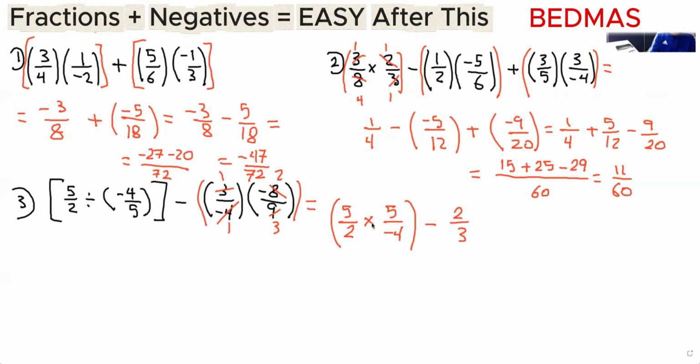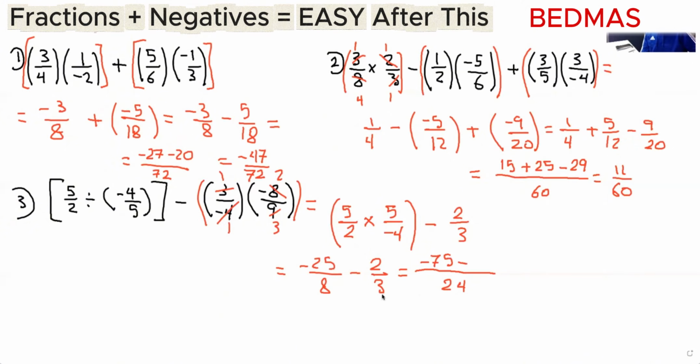And here we cannot really reduce. So what I have is negative 25 over 8. Again, just bring that negative to the top because it's the same thing. Don't write that on the bottom. Minus 2/3. A common denominator here, which is 24. 24 divided by 8 is 3. 3 times negative 25 is negative 75.